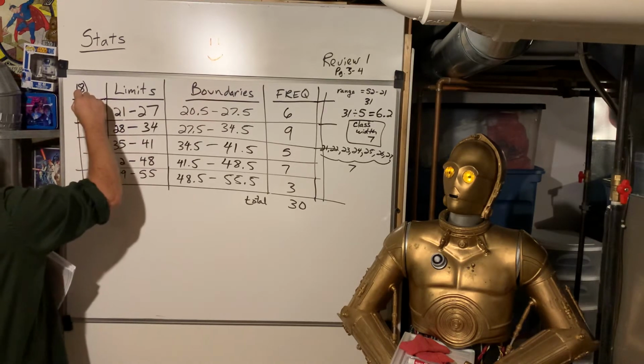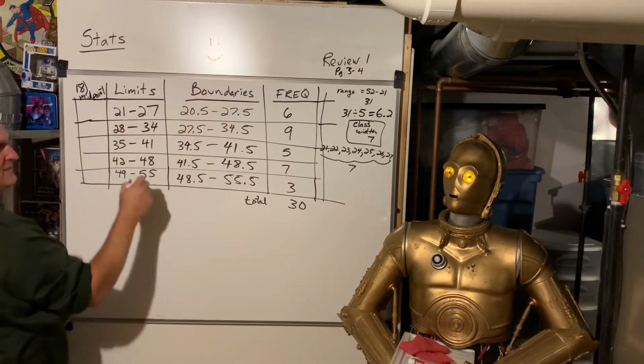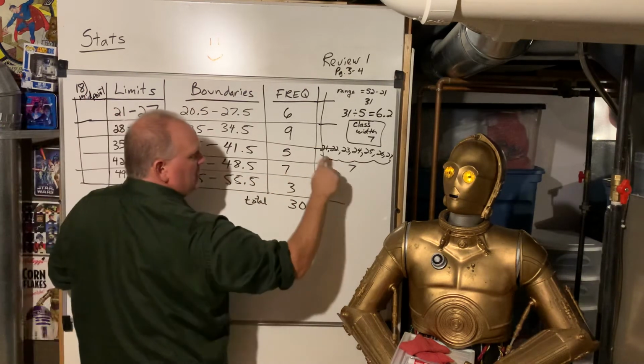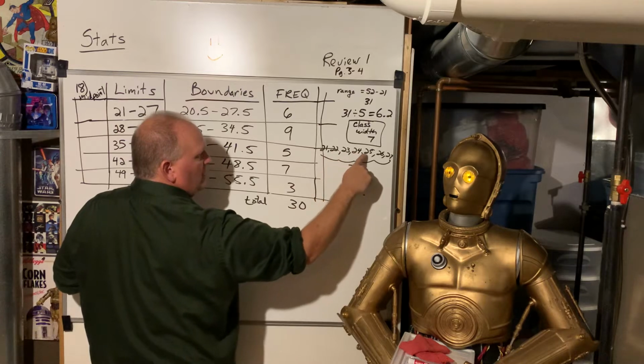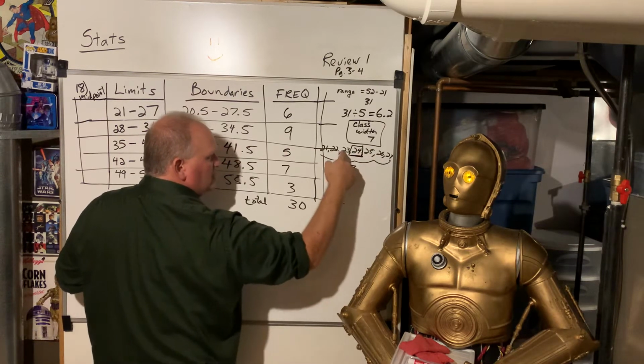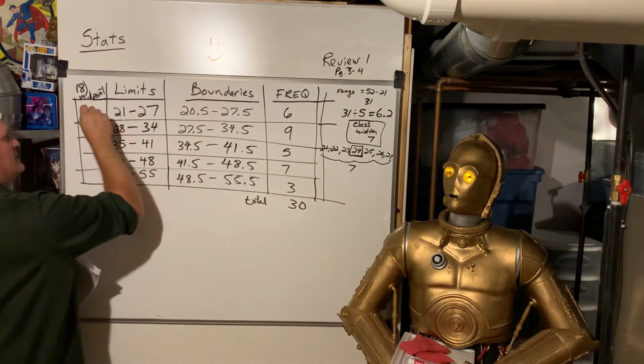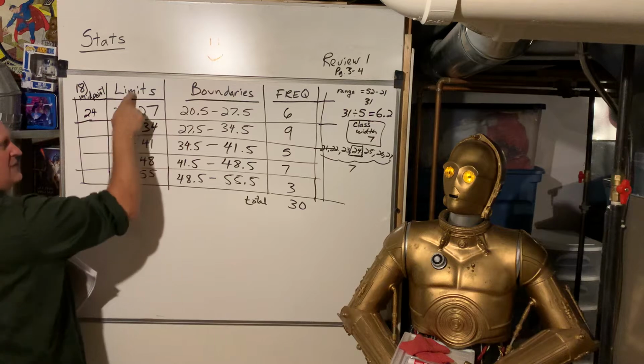So the midpoints, which is the exact middle piece of data. So now look, I already have them written out here. 1, 2, 3, 4, 5, 6, 7. 24 is exactly in the middle. There's 3 below it and 3 above it. So that's the midpoint. 24 is the midpoint of the limit.